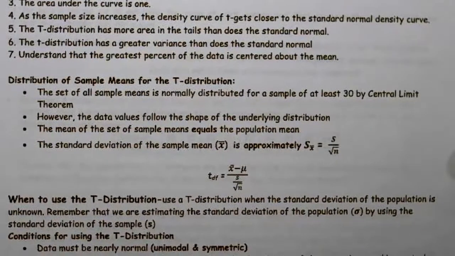Now, one of the requirements is the underlying distribution has to be normal, or they will either tell you that, or you'll have to draw a box plot to show it, or some other graph to show it, or the sample size must be 30 or larger, in which case it becomes normal by central limit theorem, or approximates the normal by central limit theorem.